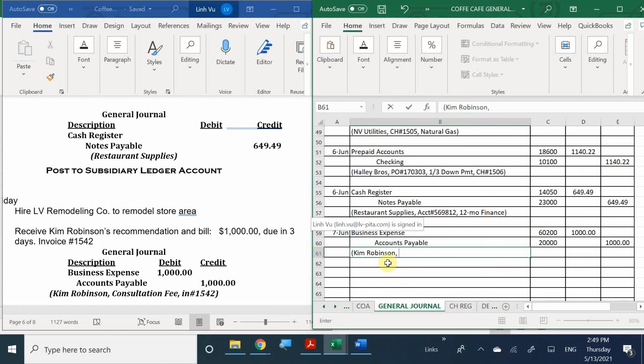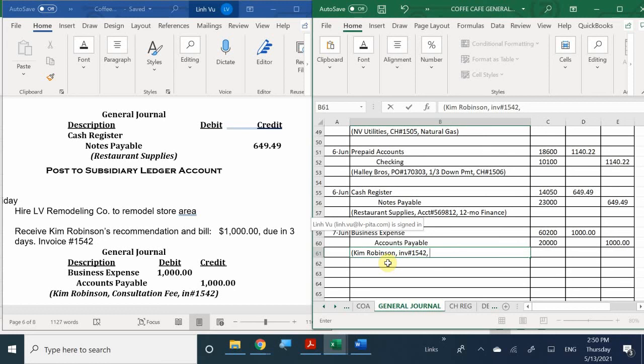Here you generally put in the bill information. So here I got an invoice, invoice number 1542, her billing number. That's definitely something that you want to do. So if you ever look for a reference point, at least in this transaction, it says that this bill is associated with this exact bill number.